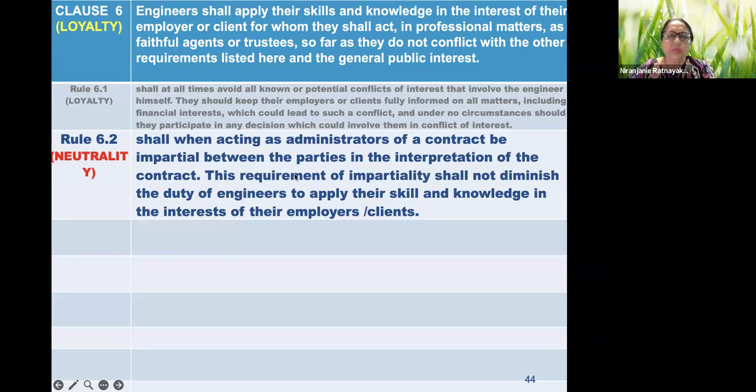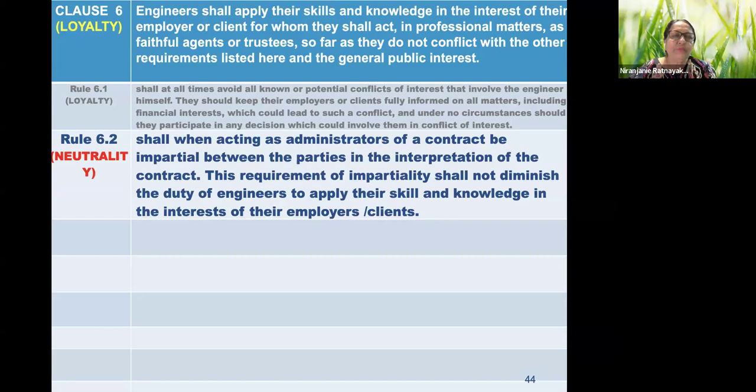contracts. However, if you have some special skill or knowledge that this can be done in a cheaper way or whatever, there's no harm in doing that, provided it doesn't contravene the conditions of contracts and all that, right?